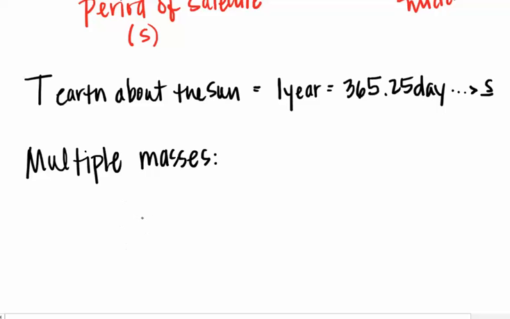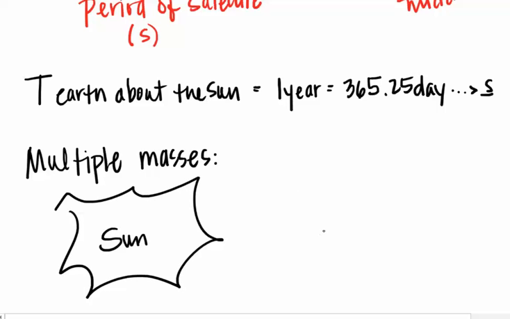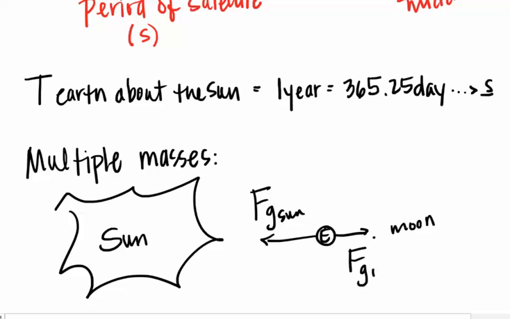So let's say we have the sun, and the sun is freaking huge, right? And you've got the Earth over here, not drawn to scale, and here's the moon. Now, the Earth is being pulled on by the sun, F_G sun. And it's being pulled on by the moon, F_G moon.